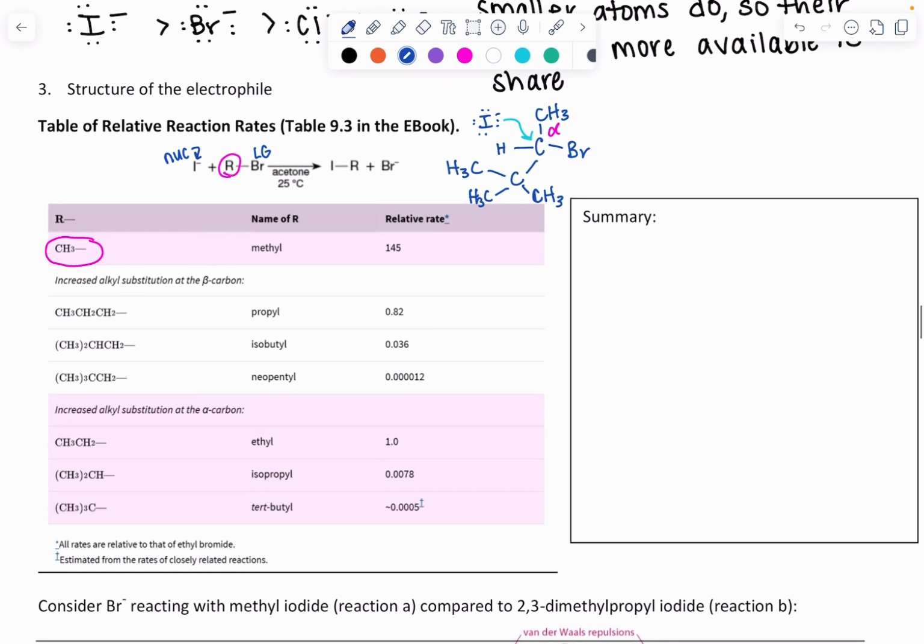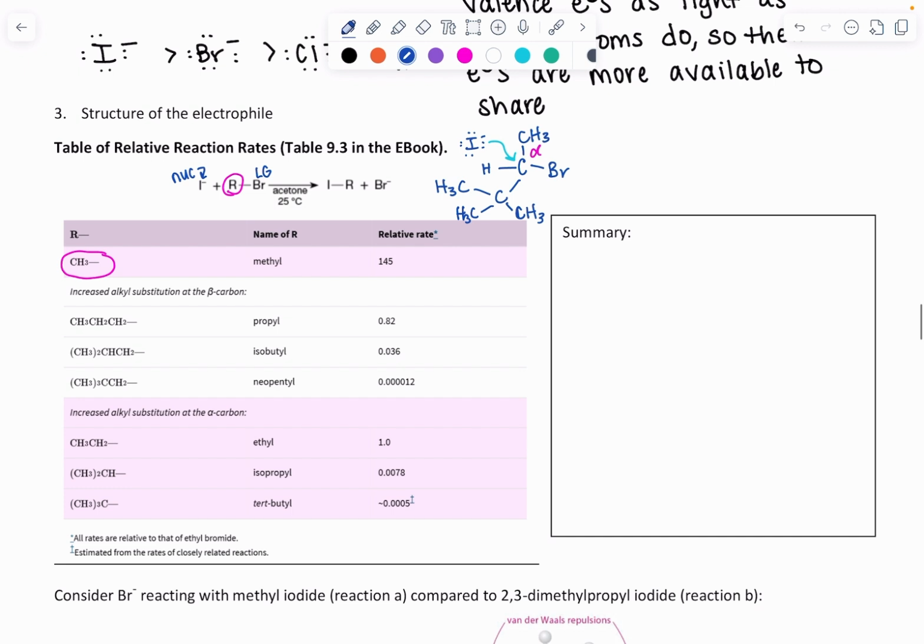So as a little summary here, we can say substituents on the electrophilic carbon matter.